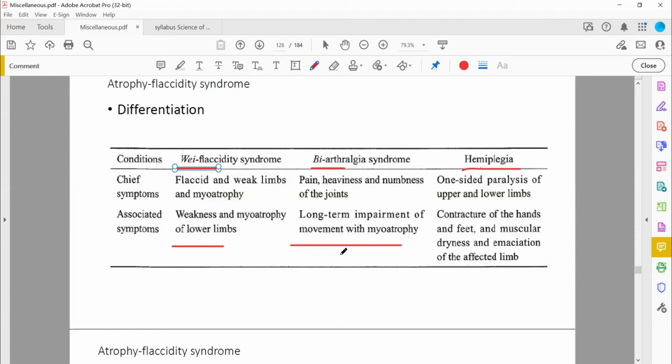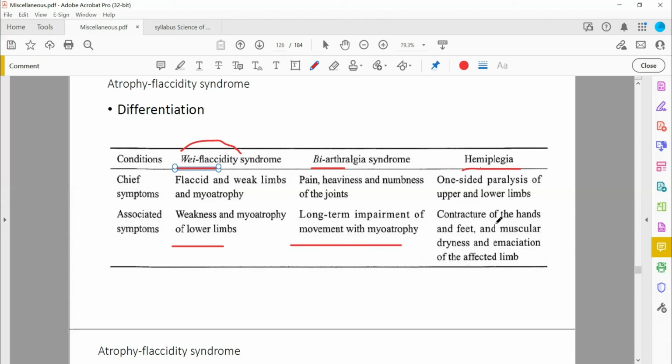And if they don't use the muscles for a long time, there will be weakness, right? So that's the myoatrophy. And this one, Wei syndrome, is directly because this patient has this disease, and directly this patient is facing the weakness of the muscles. This one is because of not enough movement, then there's weakness of the muscle.